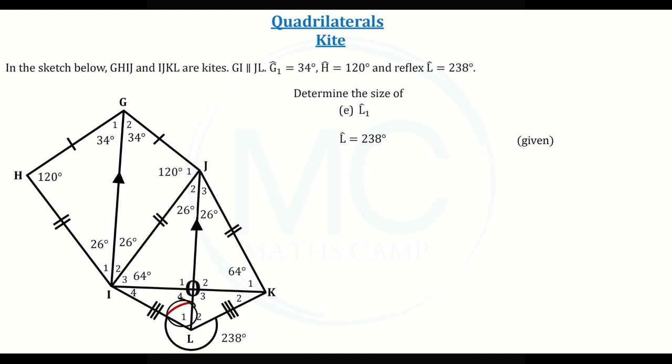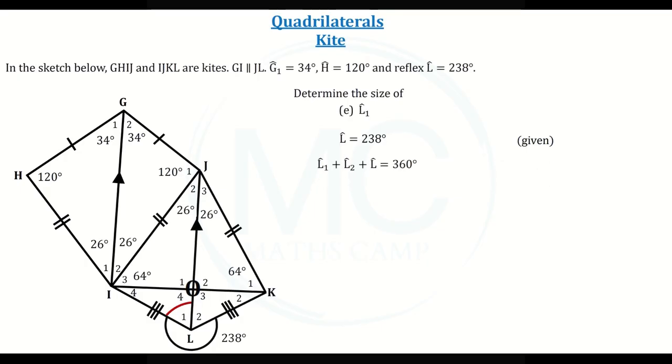Here, L1 plus L2 plus the reflex angle of 238 degrees all lie around vertex L. So we can say angle L1 plus angle L2 plus the reflex angle L is equal to 360 degrees.